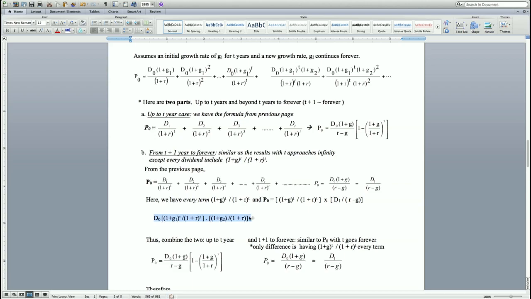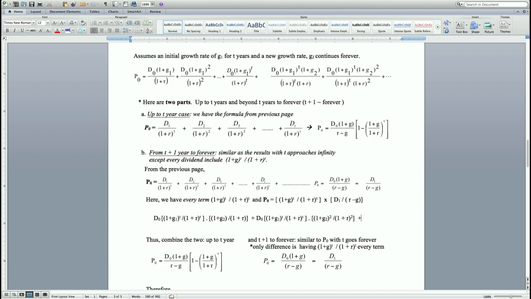So here, Control C, Control V, D0, 1 plus G, 1 power to T, over 1 plus R power to T, right? 1 plus G, 1 power to T, 1 plus R power to T, and multiply 1 plus G2 power to 2. So this one should be power to 2, and 1 plus R power to 2, more 2.